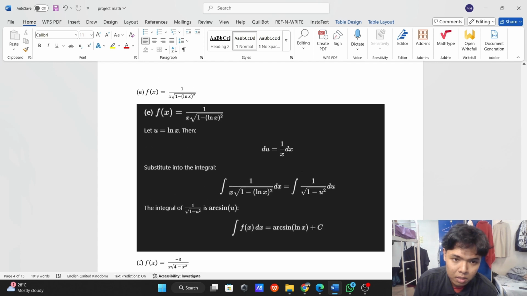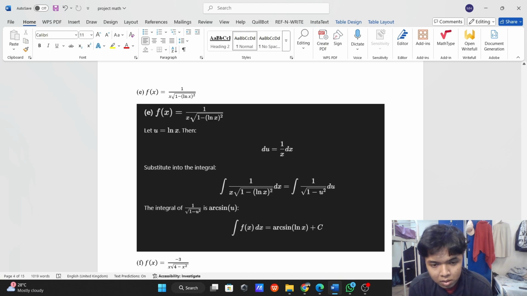For question E, it is f(x) is equal to 1 over x times root of 1 minus ln x squared. So for the first, let's put ln x as u, and then we will differentiate it as du is equal to 1 over x dx, and then substitute it into the integral.